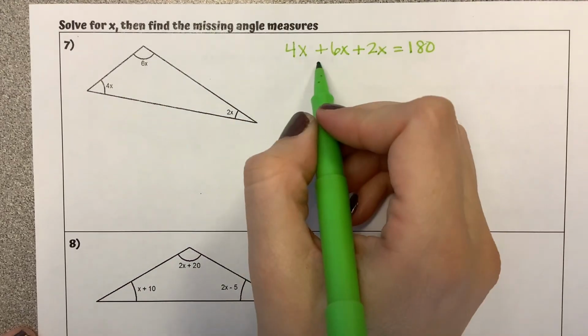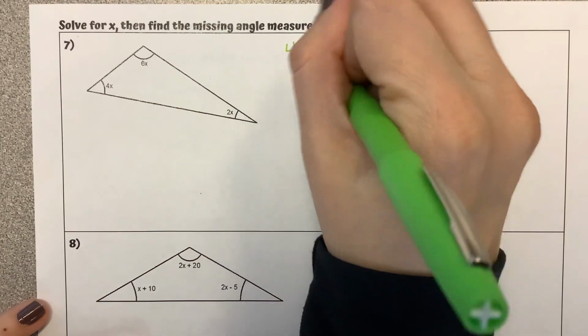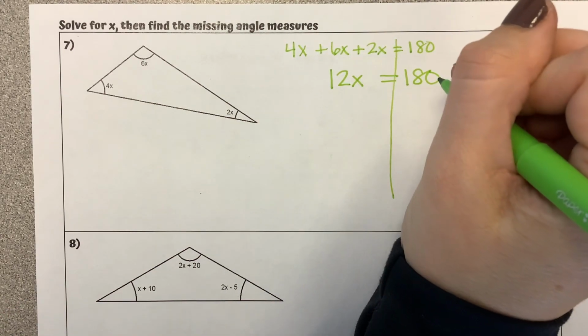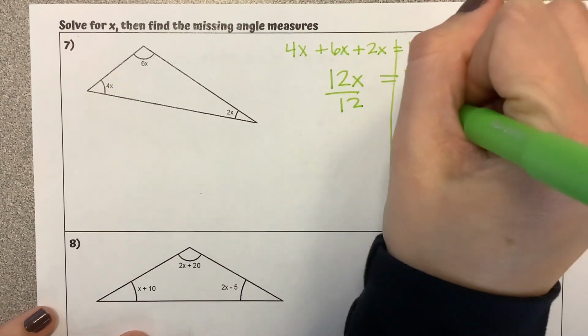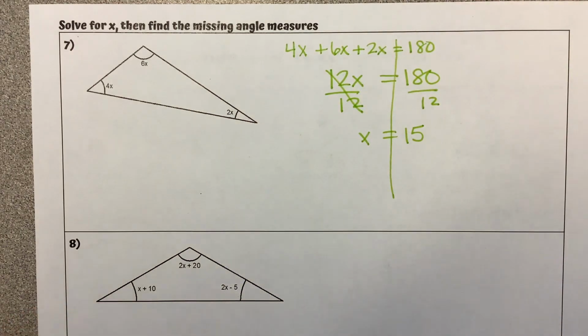Then I'm going to simplify, okay? 4 plus 6 plus 2 is 12x is equal to 180 degrees. And then last up, we're going to divide both sides by 12, and we get that x is equal to 15.